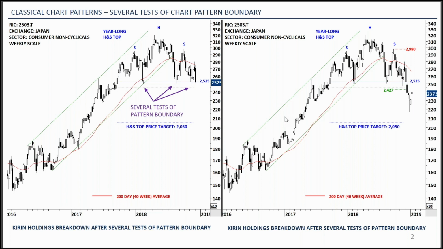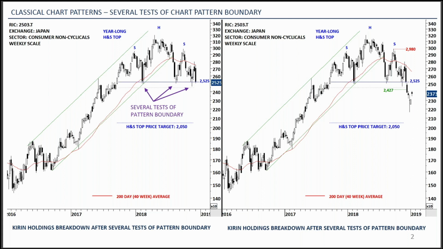What do we mean by several tests of chart pattern boundary? This is an interesting concept because when you draw trend lines, when you draw boundaries, you want to know that these boundaries are actually valid. Because penetration of such a boundary should produce an immediate trend period, or at least a momentum in the direction of the breakout.